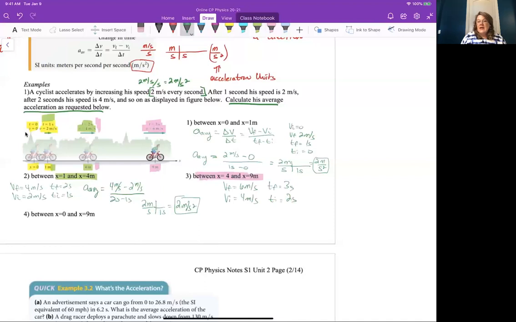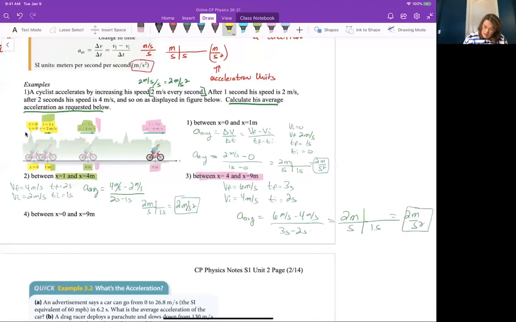Notice the elapsed time is 1 second, so you could just say t equals 1. But at any rate, average acceleration, V final, 6 meters per second minus 4 meters per second over 3 seconds minus 2 seconds is equal to, once again, 2 meters per second, divided by 1 second, and I get an answer of 2 meters per second squared.